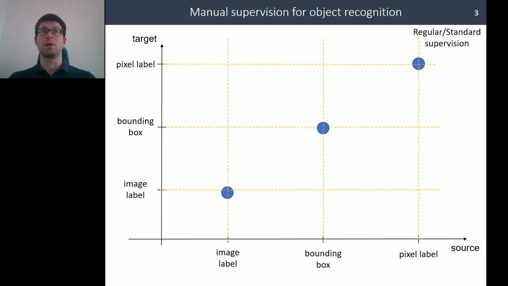So, for example, if you look at three important object recognition tasks in computer vision, such as image classification, object detection, and semantic segmentation, the regular supervision can be defined with this dashed line. The axes show what kind of annotations are available during train time, and what we are expected to output at test time.